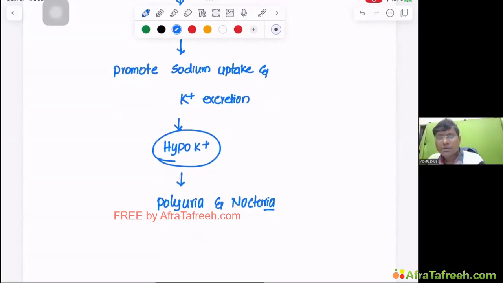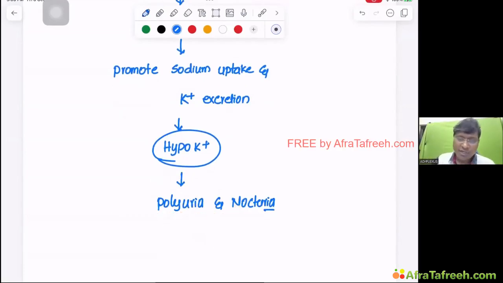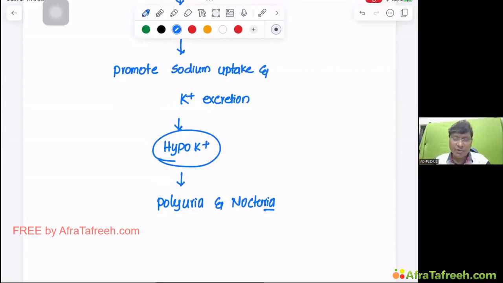Now, can anyone tell me what is the relation between the polyuria and prostaglandin E levels? Okay, please tell me what is the physiological action of the prostaglandin E? Anyone of you?